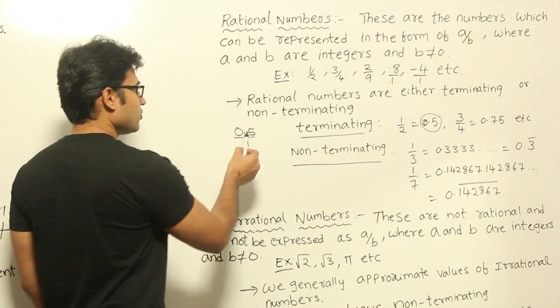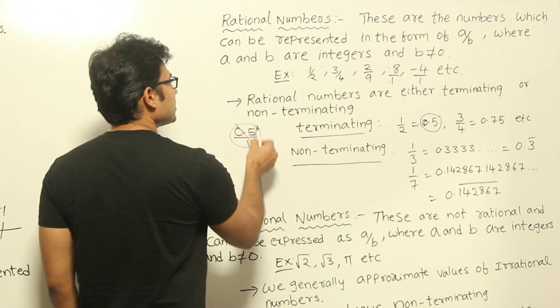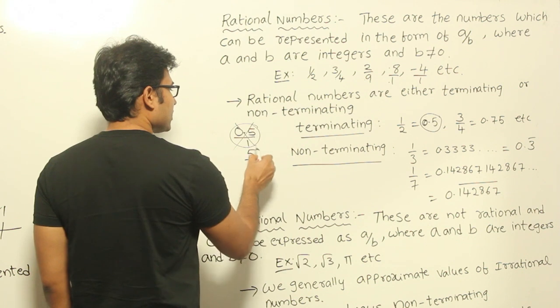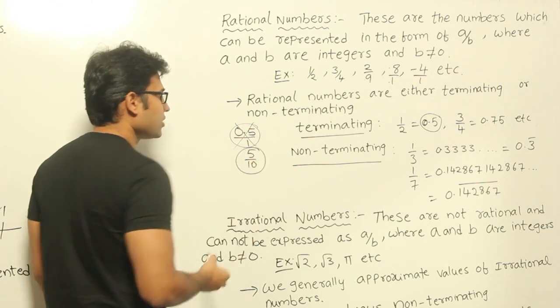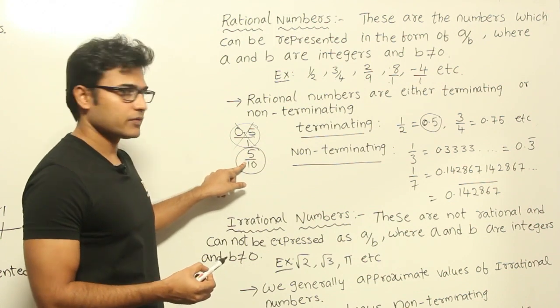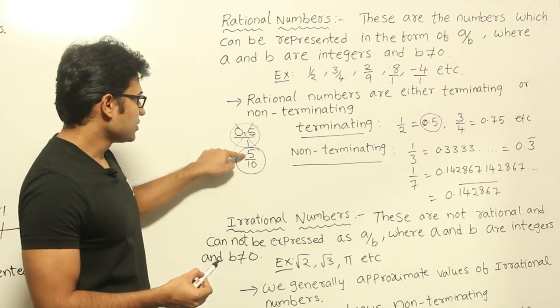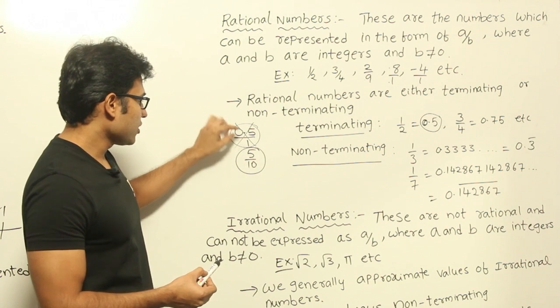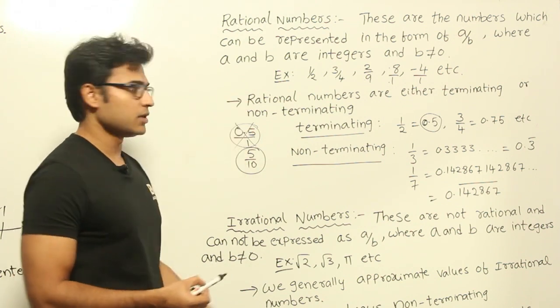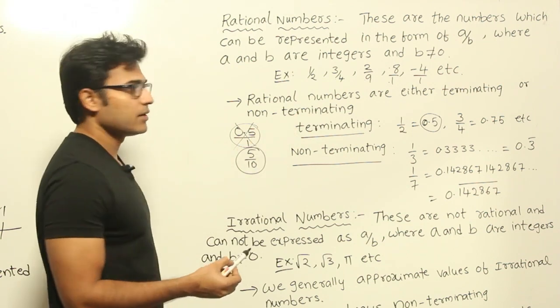Then how to get the rational number is, this is not the representation, right? You can write it as 5 by 10, isn't it? 0.5 can be written as 5 by 10, or it can also be written as 1 by 2, right? Now you can see that both are integers, and now we are able to write a number in p by q form in which both p and q are integers, and so you can call it a rational number.